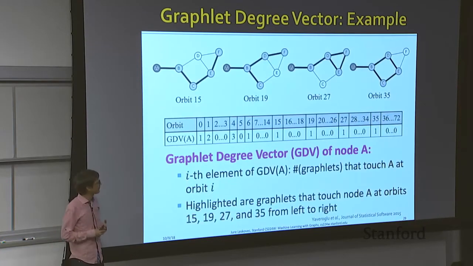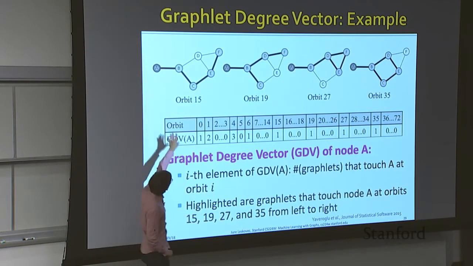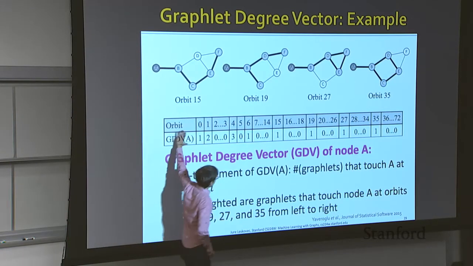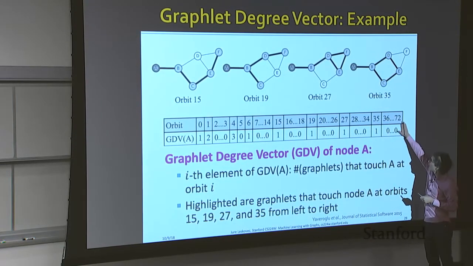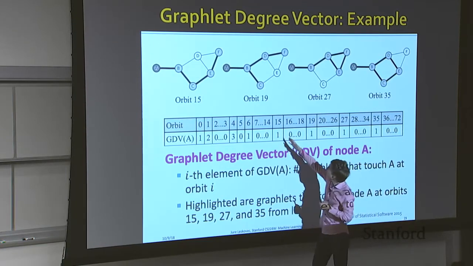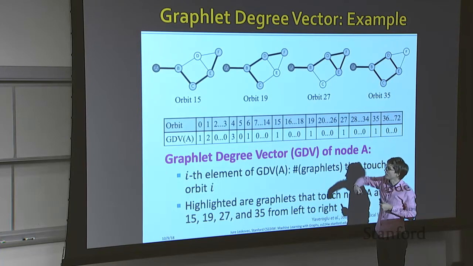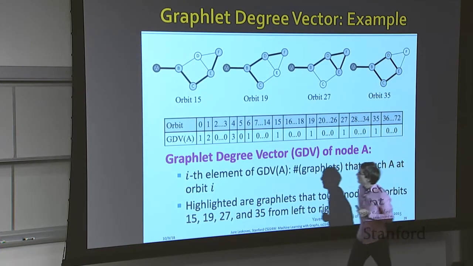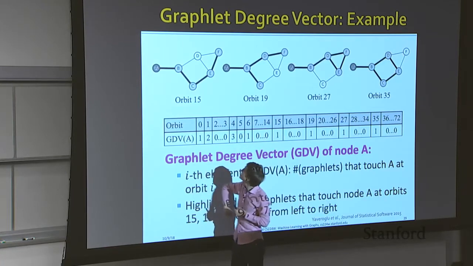And just to clear out any confusions, what I want to show here is now for a different graph, this is its graphlet degree vector of length 72. And here are different examples of instances of a given graphlet and orbit for the node A, right?